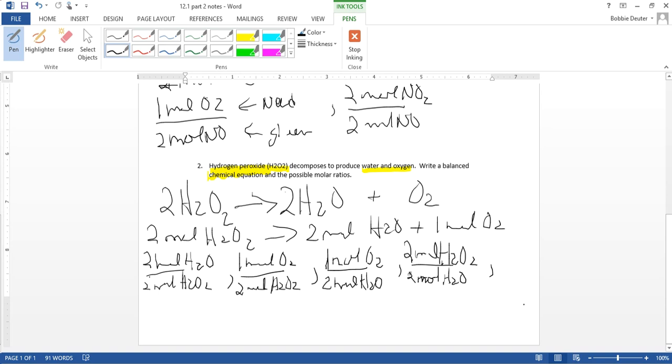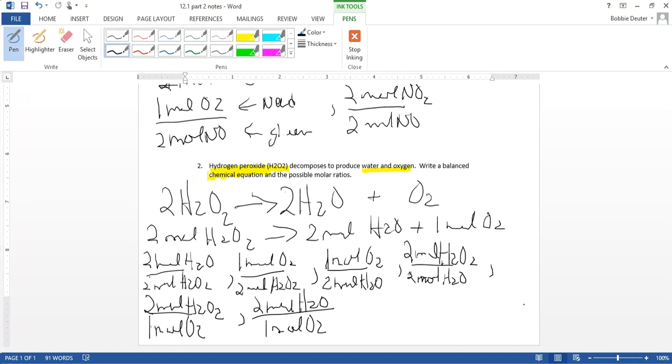And our last one is going to be our oxygen. If we start with our 1 mole of O2, we need to go to hydrogen peroxide, 2 moles of H2O2 on top. And if we need to figure out from oxygen how much water we have, we would put 2 moles of H2O here. So basically, you're going to determine all the possible molar ratios for the equation.